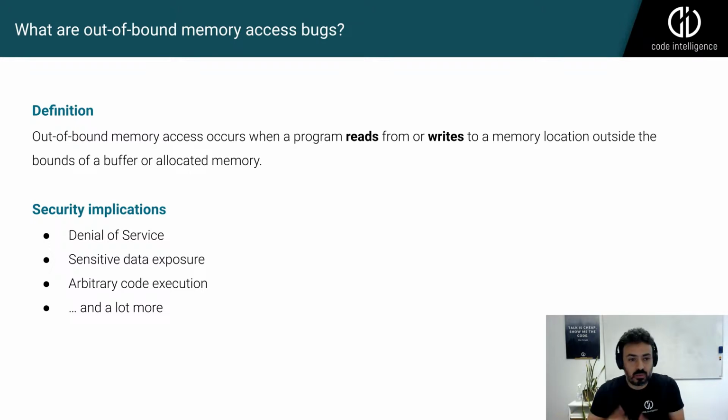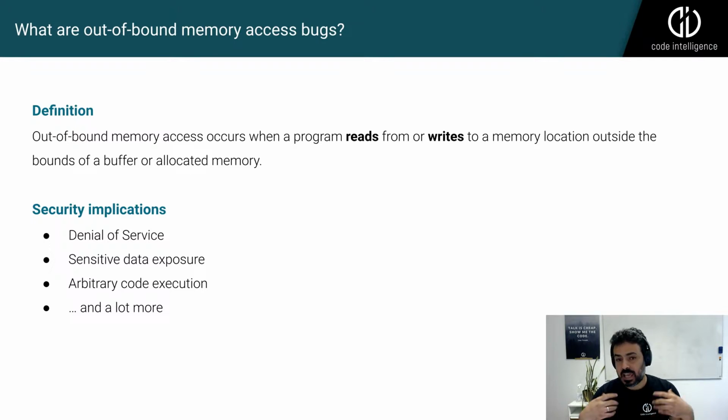Usually when you want to store data, like strings, in your program, you allocate a buffer of a certain size. If you accidentally read or write outside this buffer, this causes an out-of-bound memory access bug. These bugs don't necessarily crash the program, but they can have other severe implications.